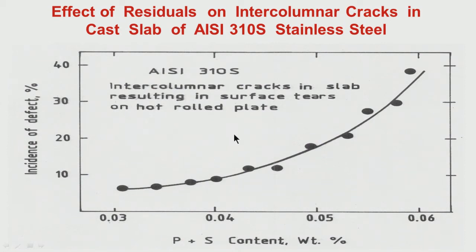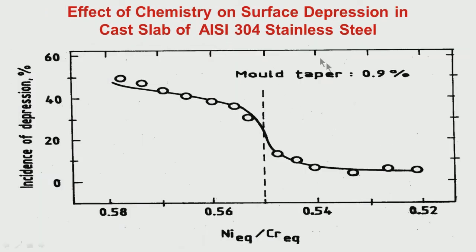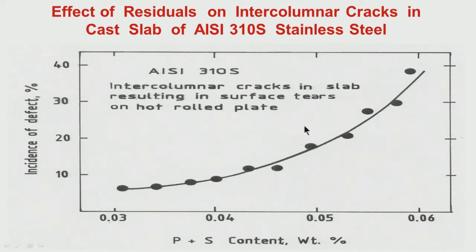So, depending on what is the type of defect and what is the alloy, the solution has to be decided accordingly. In the 304 depression type of grade, we adjusted the chemistry by controlling nickel equivalent by chromium equivalent, bringing it down from slightly higher than 0.55 to less than 0.55, and we got much improvement as far as the incidence of depression is concerned. For 310S, it is austenitic solidification, different from 304, a totally different sequence of solidification.